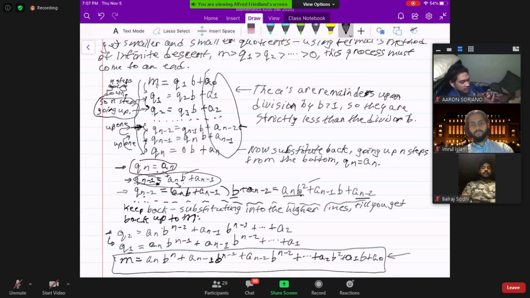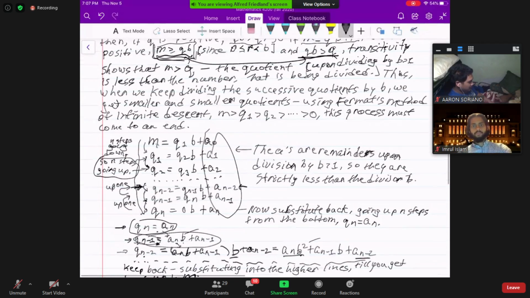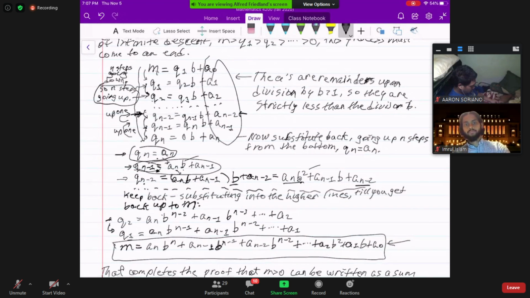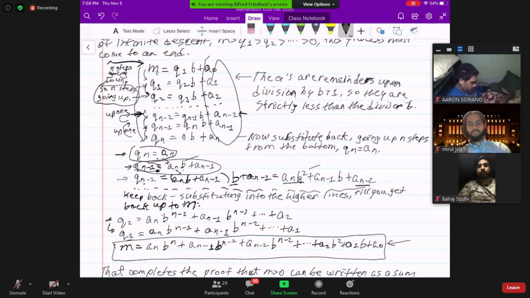We kept on dividing. We successively divided by B. We took the original number and divided by B, and we got a quotient. Then we took that quotient, Q sub 1, and we divided by B again. And we got A's, and then we took the next quotient and divided by B again.